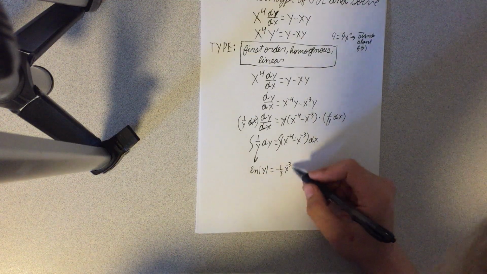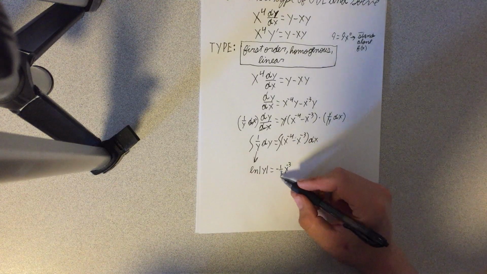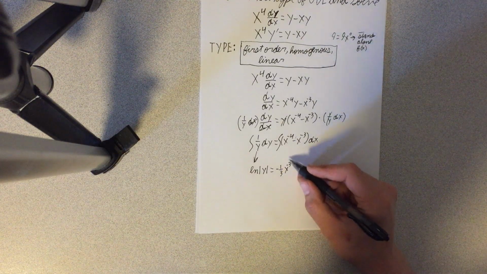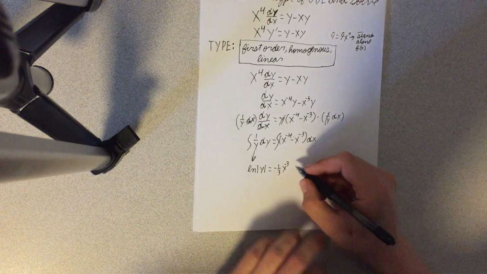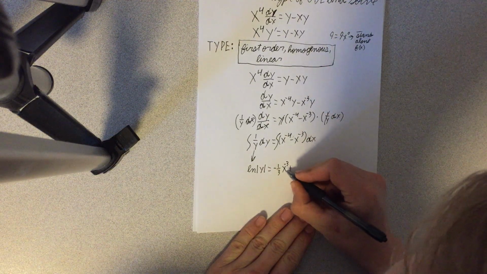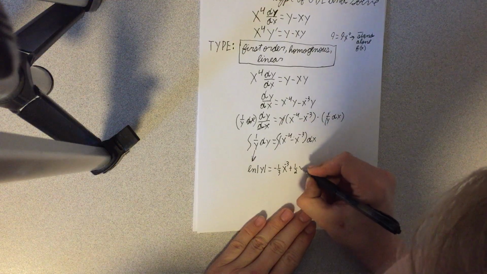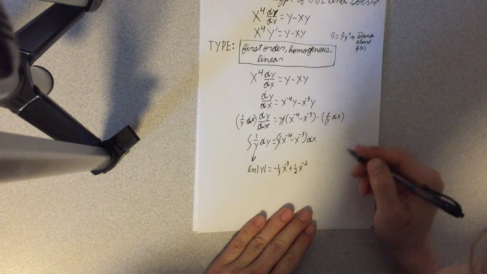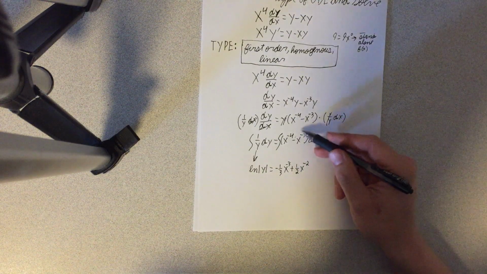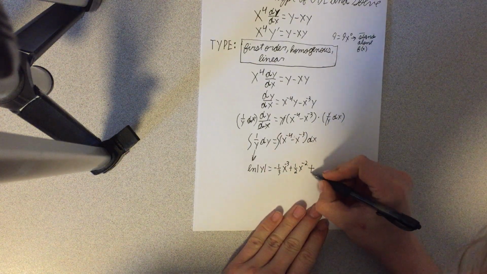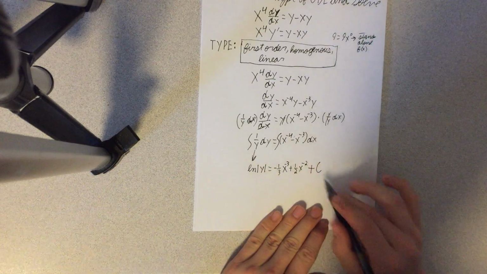If you would take the derivative of that, when you bring that down, it comes out to 1, and then you make that 1 less, which is negative 4. And then the same thing over here. That's going to make plus 1/2 x to the negative 2, and that would come out to that if you took the derivative of it. And then always remember your c.